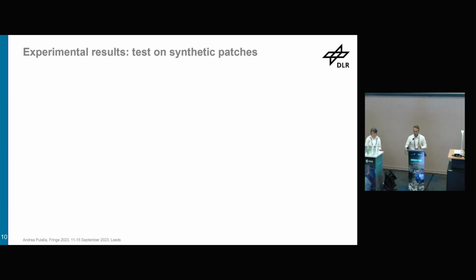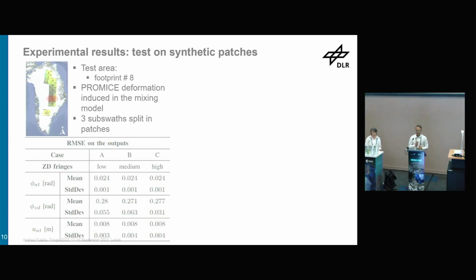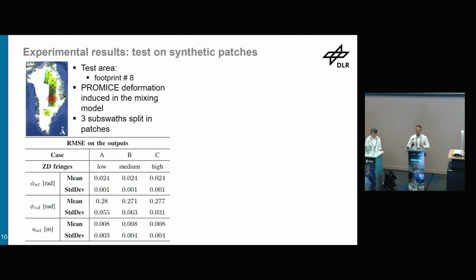Okay, so I have 3 slides just to show you the results. First, on synthetic data. We left out a footprint just for doing our analysis, this footprint number 8. And basically what we did, we induced the deformation in this mixing model, this prompted deformation.